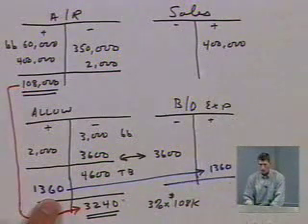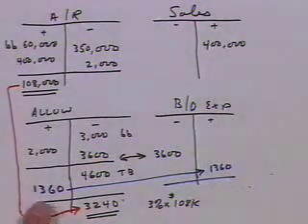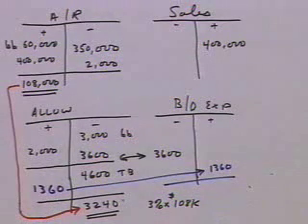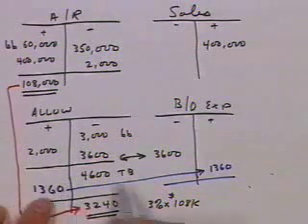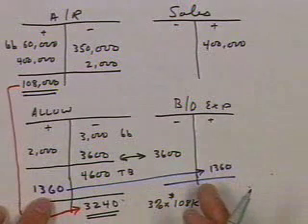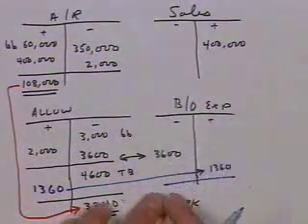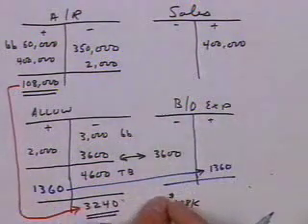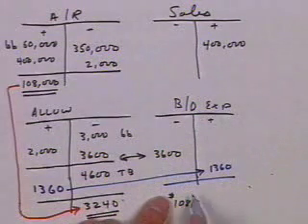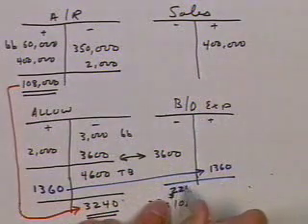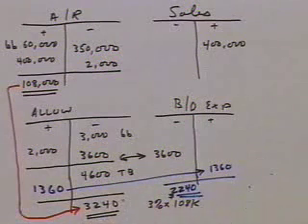What that then gives us in the end, after our adjusting entry of 1,360, is that the ending balance in bad debt expense, or the balance that would appear on the income statement, should be 2,240. And I'll put a nice double line there.